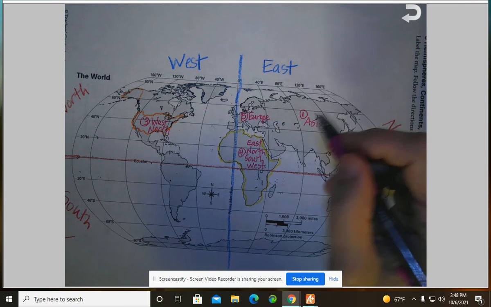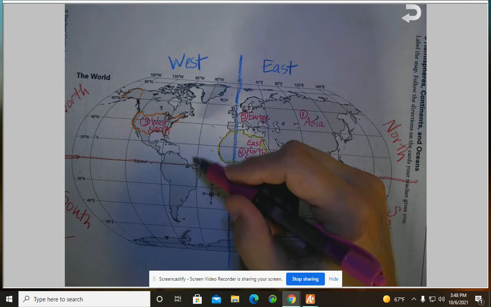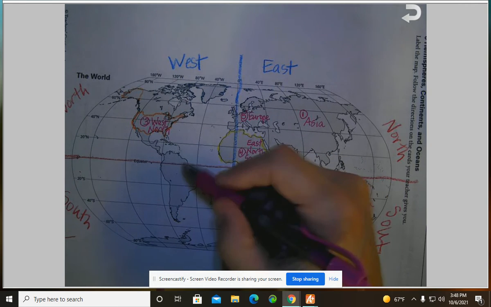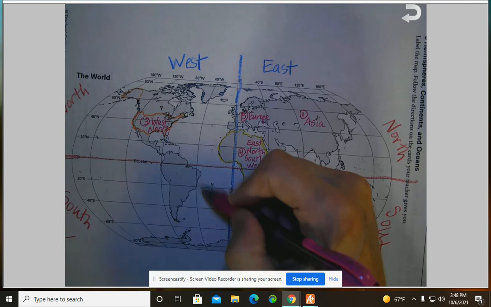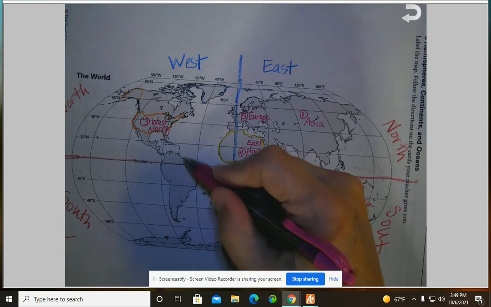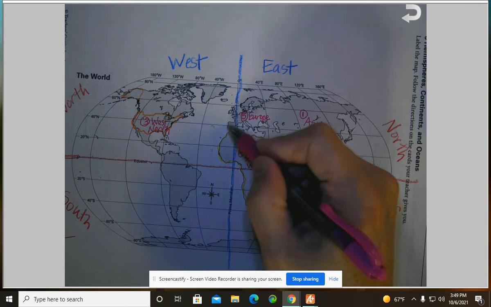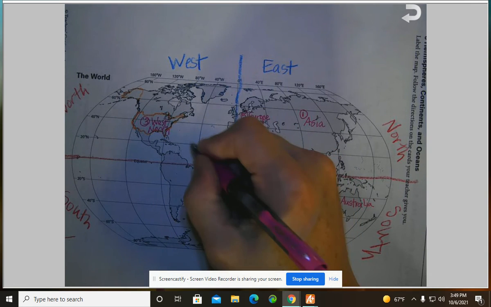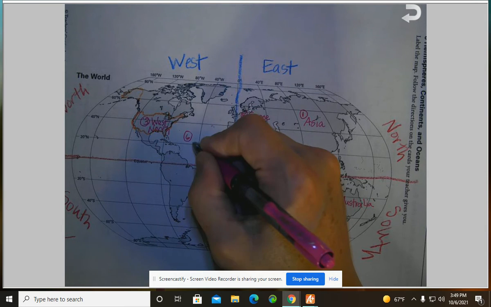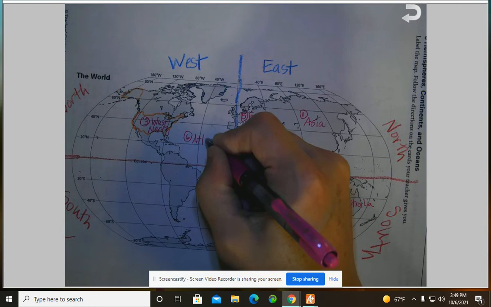Looking at page 5 or 6 in our book, we see that this is South America. The ocean that can touch the coast of both South America and Europe is the Atlantic Ocean. So we're going to put number 6, Atlantic Ocean.